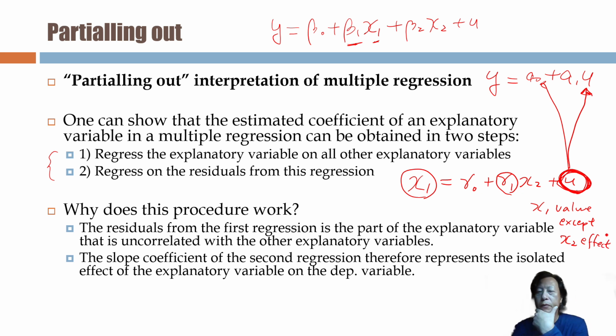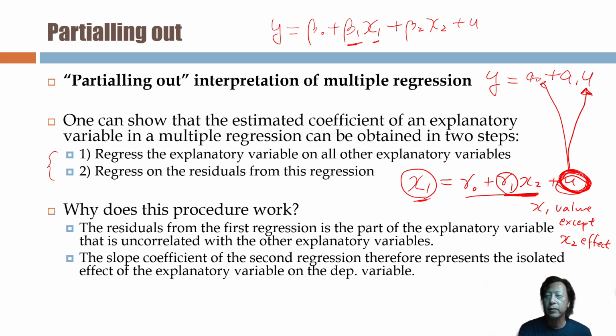What I mean is, if you calculate the regression here, some part of x1 can be explained by x2, not completely but partially, right? And some part is not explained by x2. So u is only the part of x1 that is not explained by x2, right?